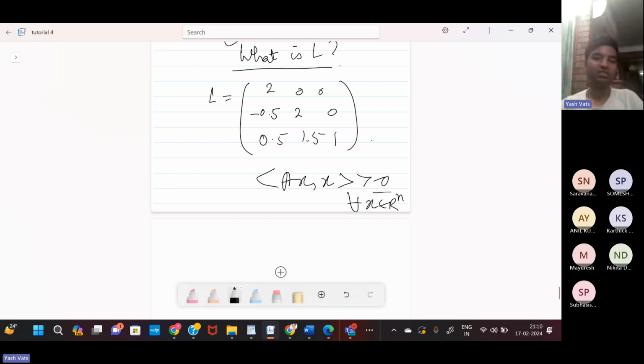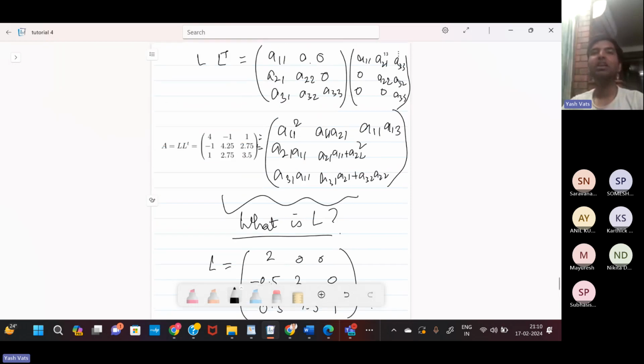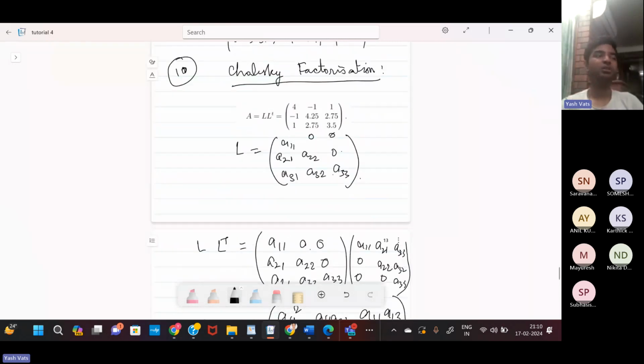But the easiest way to check is the eigenvalues. You can't say that if the determinant is positive, then the matrix is positive definite. No. The only way is using eigenvalues.